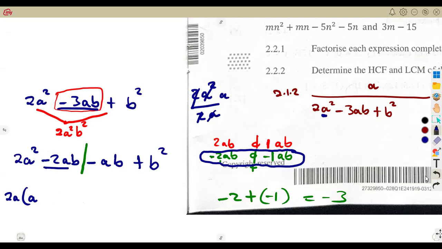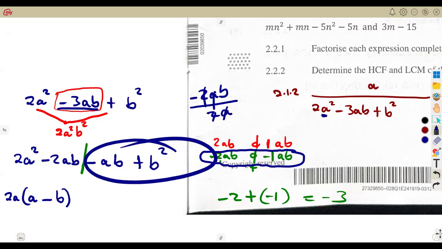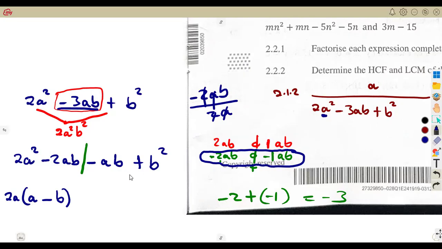Minus 2ab divided by 2a is going to give us minus b. This one and this one cancel, 2 and 2 cancel, so you remain with minus b. So on the other part here, we're supposed to factor out what is common. b is common, very true. But we must have the same bracket, a minus b.